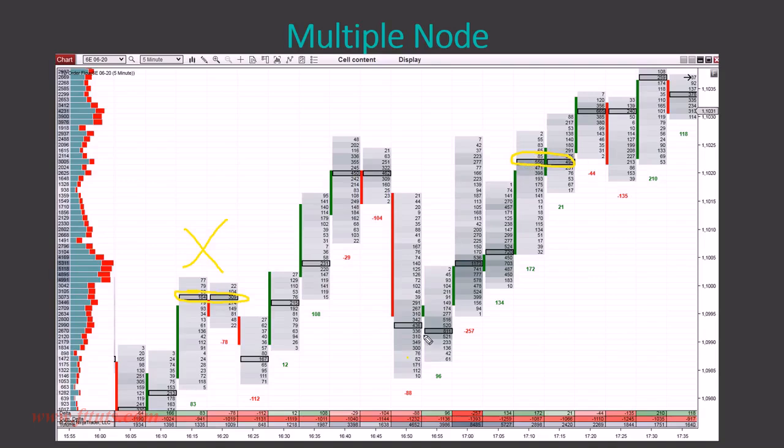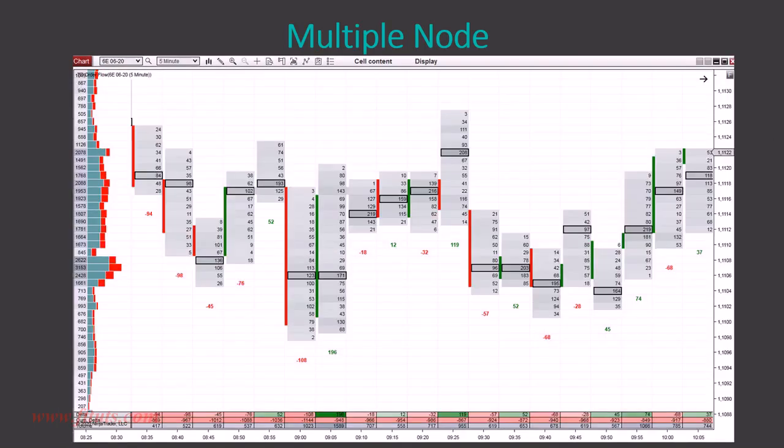This would be actually cool, double node in an uptrend, but what I would like to see is at least one whole candle above it. Alright, so what happened was just double node formed, quick pullback and reaction, but I would prefer a whole candle above it, not as close as in this case. Alright, so that's for this example.